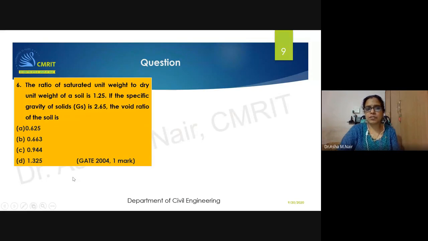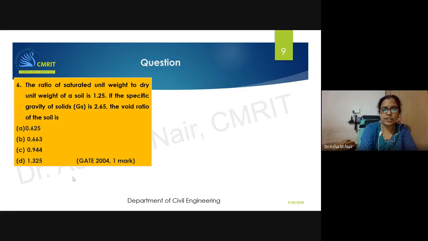Next question. The ratio of saturated unit weight to dry unit weight of a soil is 1.25. If the specific gravity of solids is 2.65, the void ratio of the soil will be? So what are you given here? You are given rho sat and also rho d.